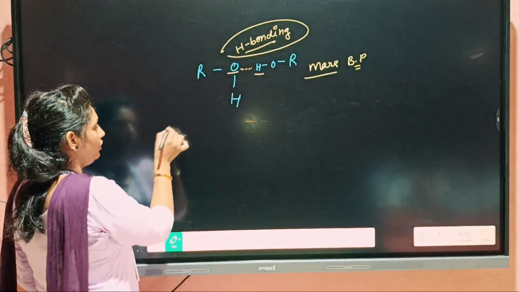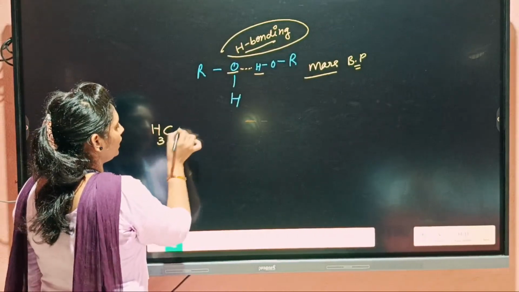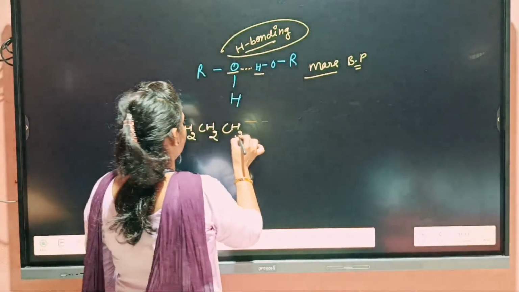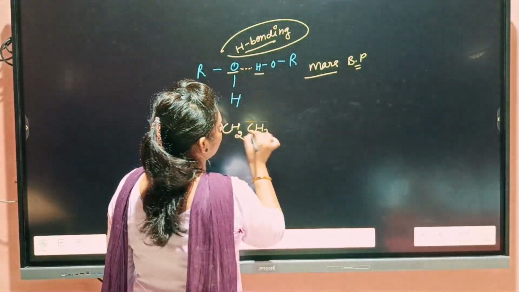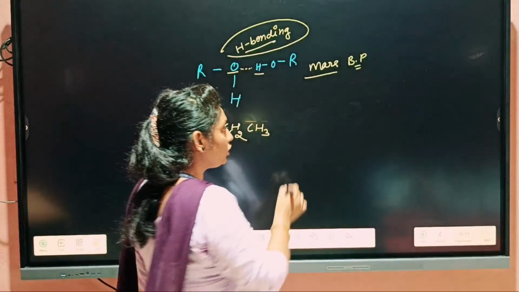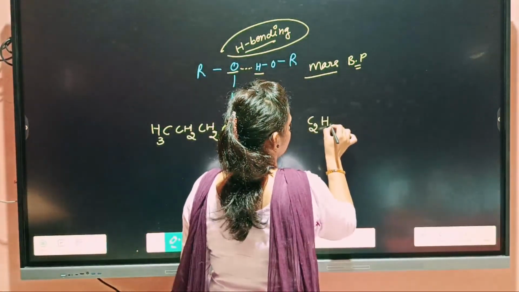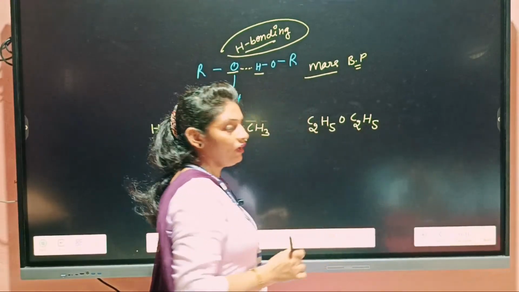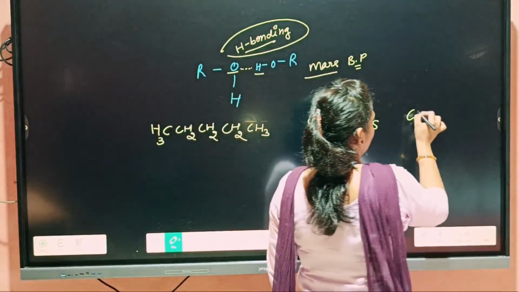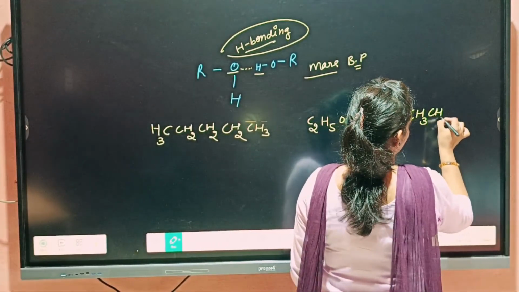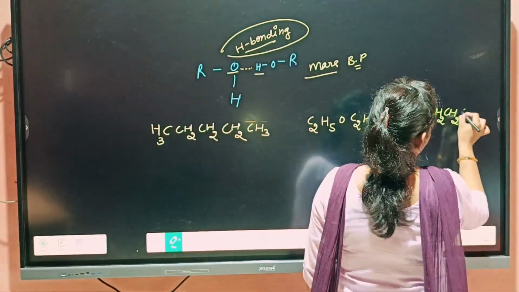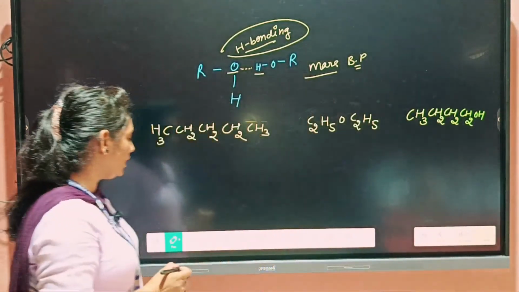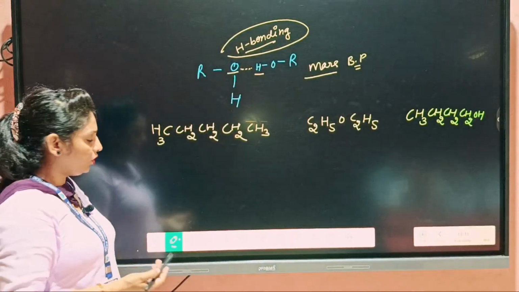If we compare n-pentane and ethoxyethane, and we have butan-1-ol, and we calculate their molecular mass, then they have comparable molecular mass.